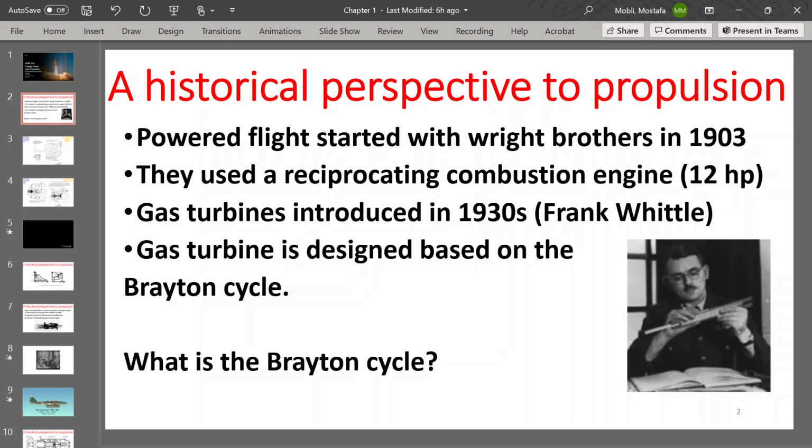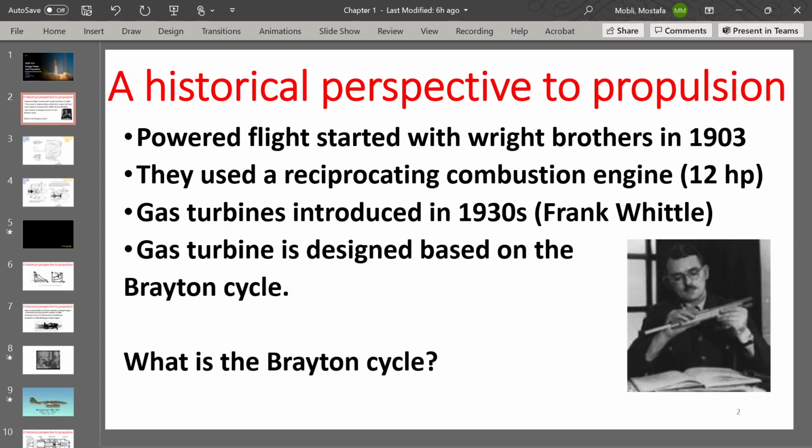And I'm pretty sure you are well aware by this point that in his engine he used a Brayton cycle instead of an Otto cycle or a diesel cycle, right? What were the specifics of a Brayton cycle? Who can tell me off the top of their head? What did we have in a Brayton cycle? What did the cycle include?